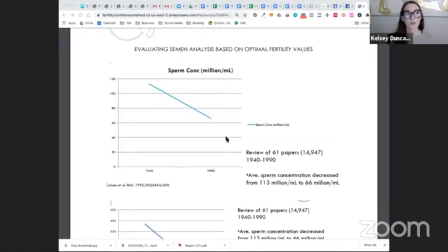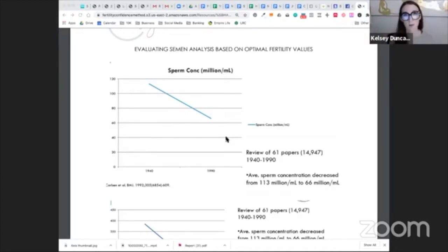And the World Health Organization, who set parameters for reference ranges, it's based on population average. It's not based on optimal. It's not based on where your body should actually be for success. And this isn't just semen analysis. This goes for all lab parameters.